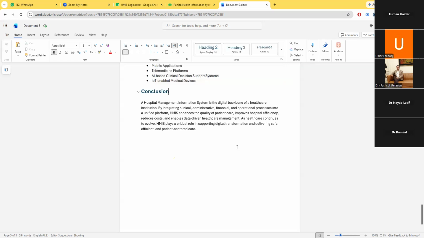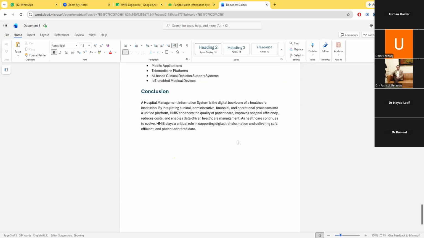Now, on the conclusion side, a hospital management information system is the digital backbone of healthcare institutions, by integrating clinical, administrative, financial, and operational processes into a unified platform. So HMIS enhances the quality of patient care, improves hospital efficiency, reduces cost, and enables data-driven healthcare management.